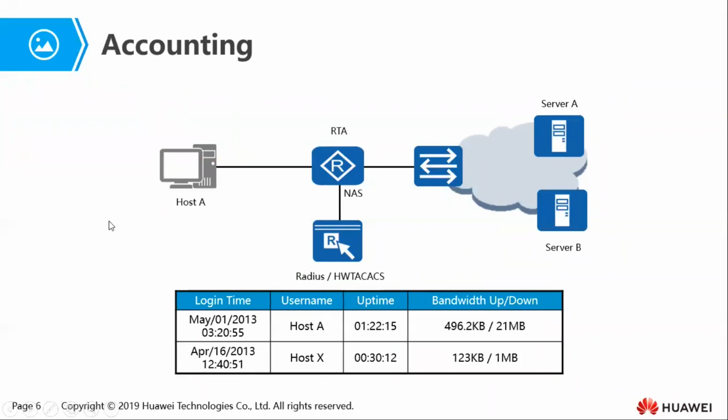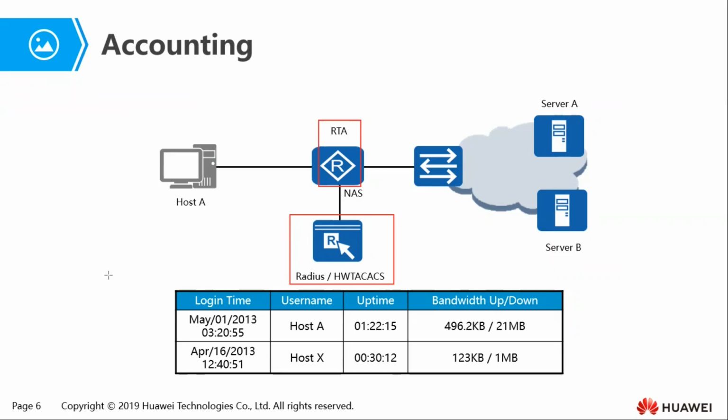Then lastly, we have accounting. Accounting is the only scheme within the AAA scheme that cannot be performed in your router because of the limited storage capacity of routers. So really, you must use either a RADIUS server or a Huawei terminal access controller server if you want to do accounting.